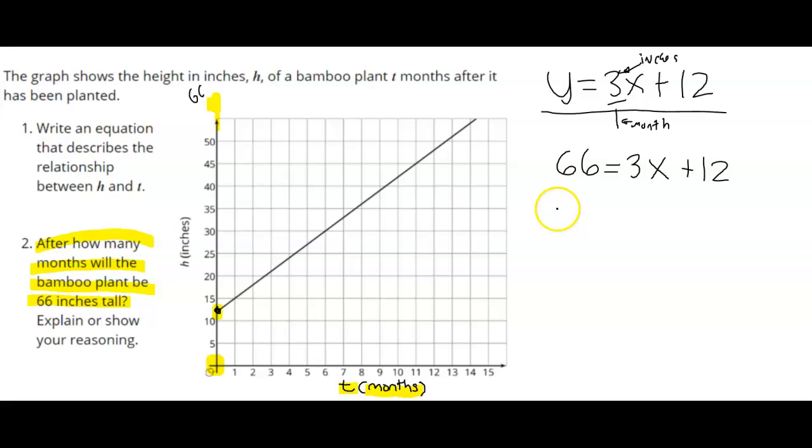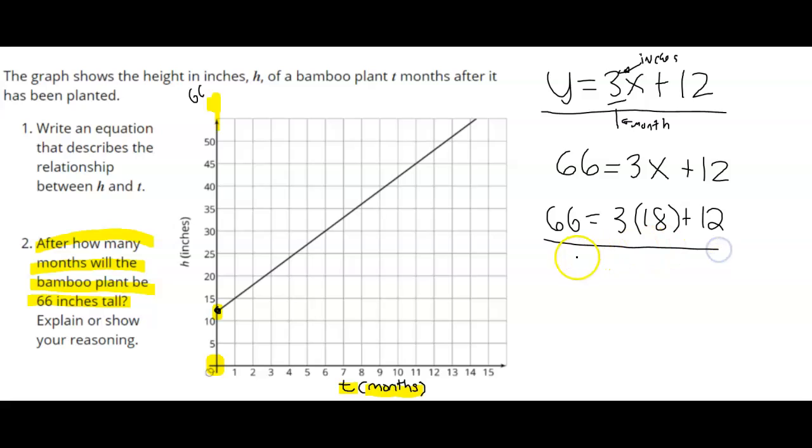So we said if it's going at 3 inches a month, if we go for 18 months, and it started off at 12 inches, then from those 12 inches, if we let it grow for 18 months at the rate of 3 inches per month, it should equal 66 inches.